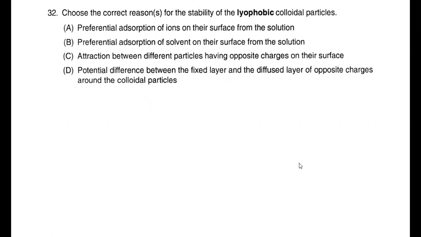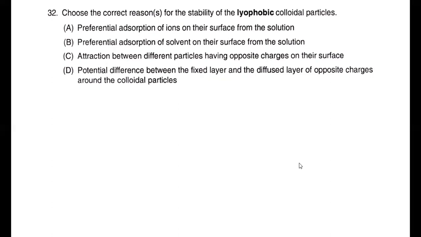First thing, if you give some ion which can be adsorbed on their surface, then they can achieve their stability. Or mostly lyophilic colloids are adsorbed on them, which increases their stability. Or due to zeta potential also their stability is there. So check out the options.